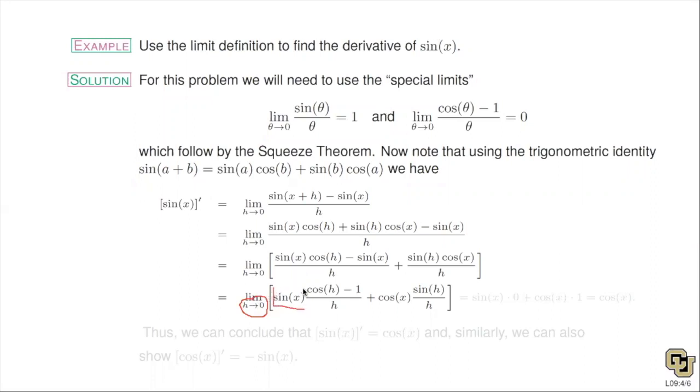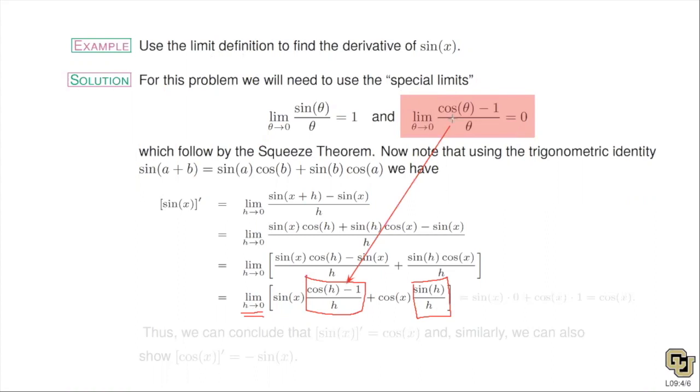Sine of x, which does not have an h variable in it, basically acts like a constant. We're just going to copy it down. The limit only cares about, in this case, cosine of h minus 1 over h, because it has the variable h, and sine of h over h. And we can do these limits. As h goes to 0, I'm using this special limit up here for this.